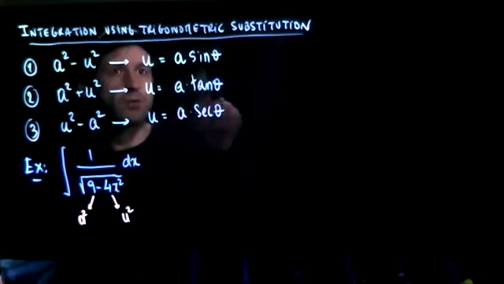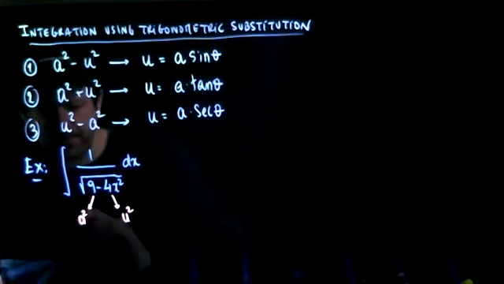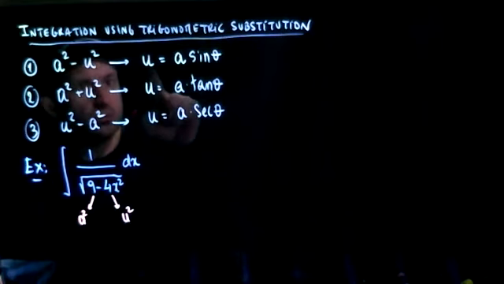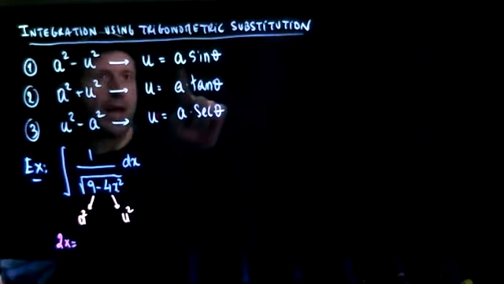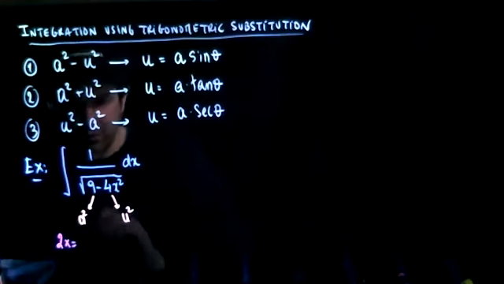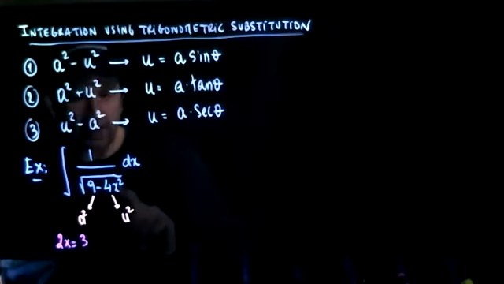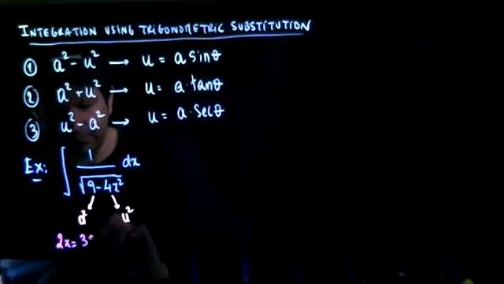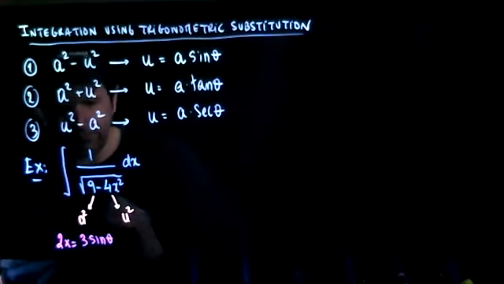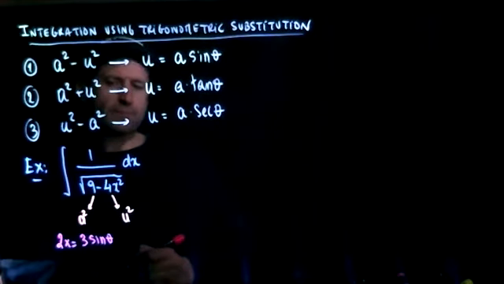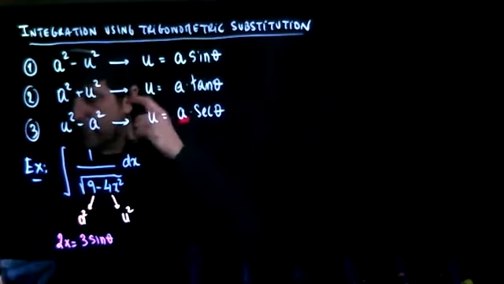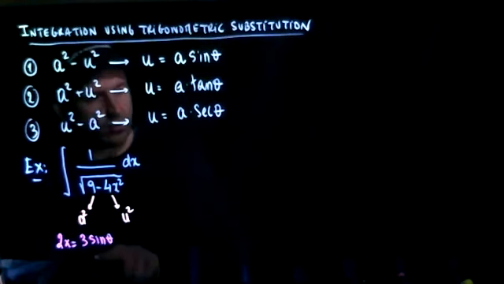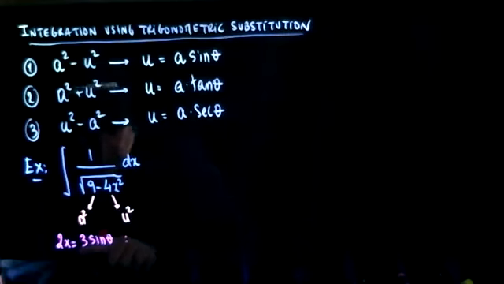Okay, so let's do my substitution. U, which is therefore 2x, will be A, which is 3, times sine theta. Good? This is the substitution I'm going to use. So I need to find the derivative, right?